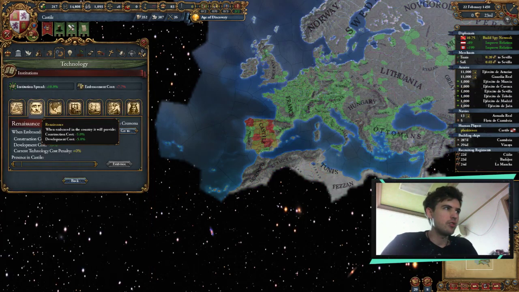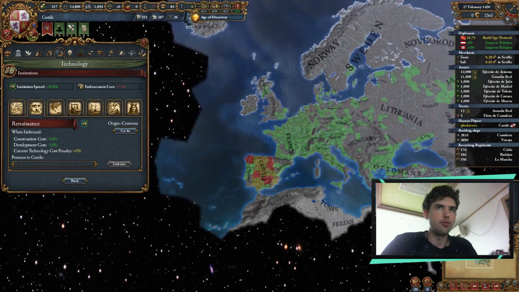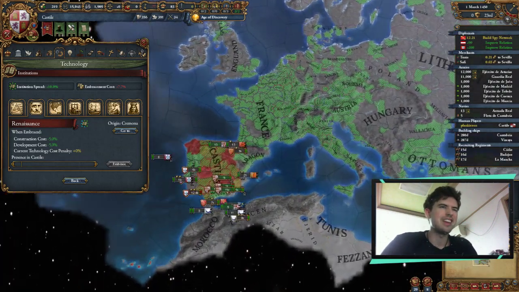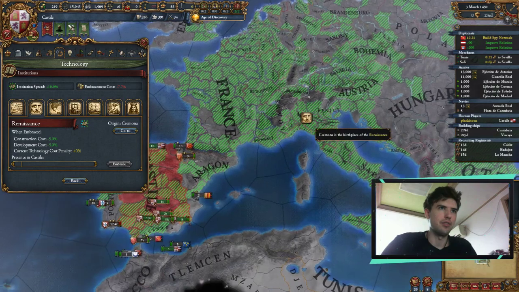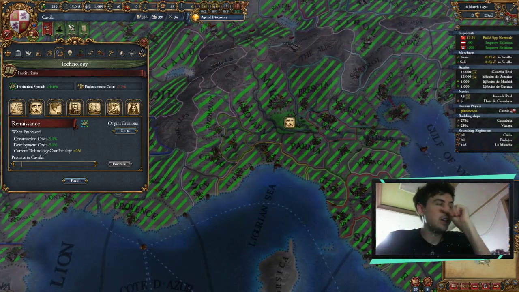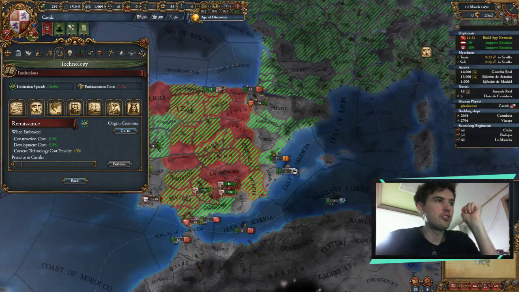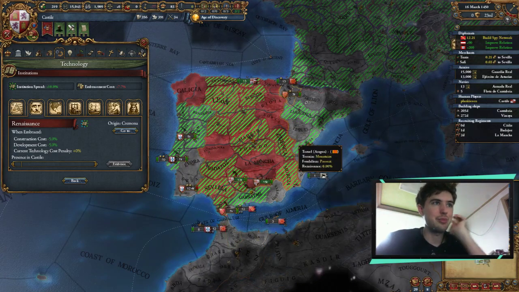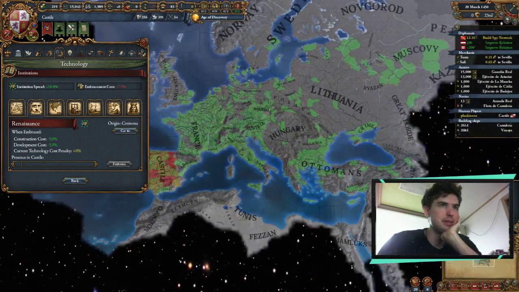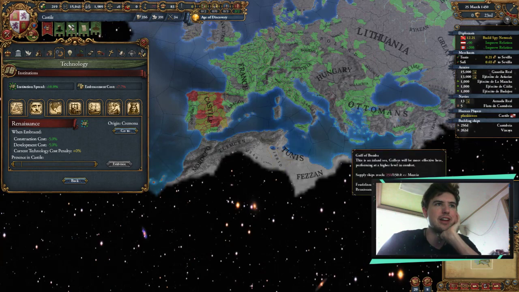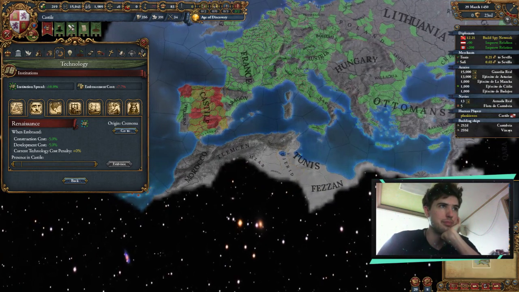One of these institutions is the Renaissance, which spawns in 1450. Well, it can spawn later, but usually it spawns in 1450, in Italy, and it will spread to a lot of places in Europe. Basically it only spreads in Europe and does not naturally spread outside of Europe.